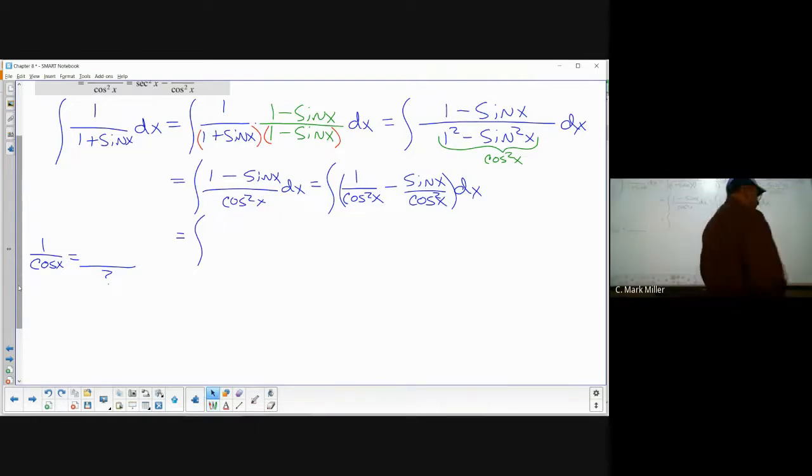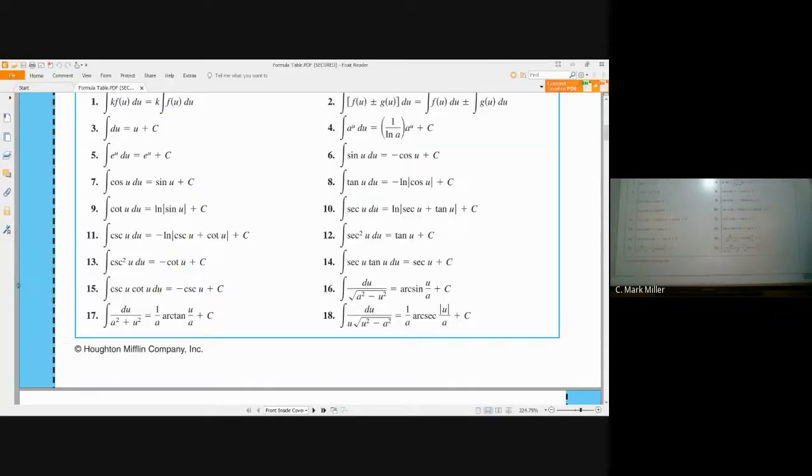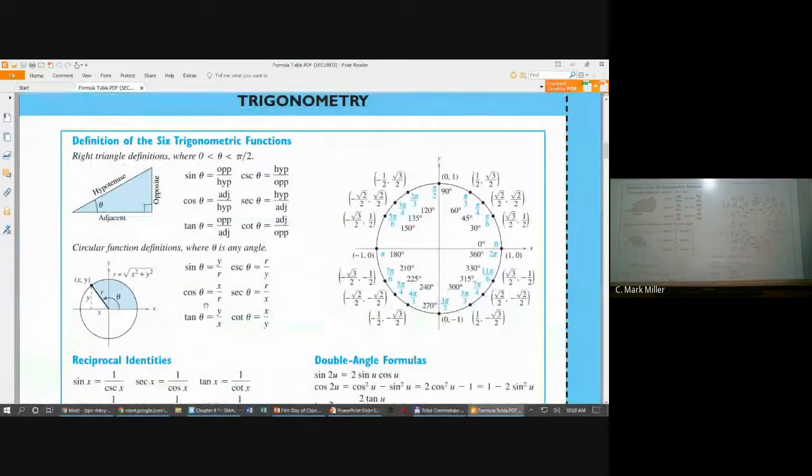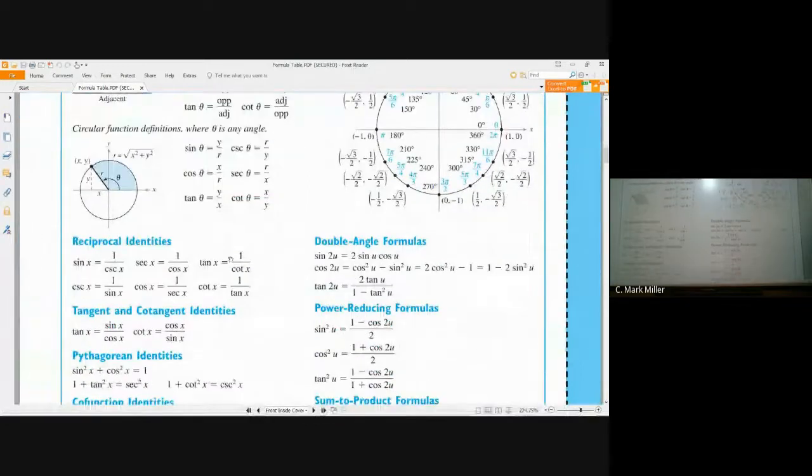You need to go 1 over sine. I missed this before. You can go here, right here. 1 over cosine is secant. Secant right there. Okay. You need to know those.